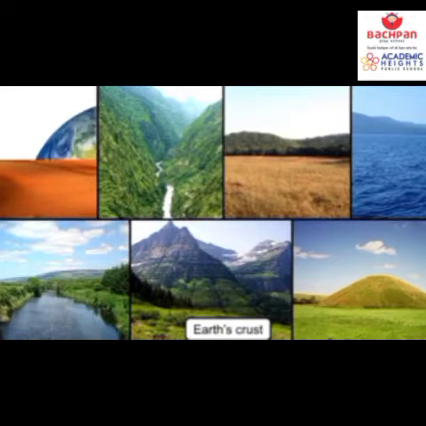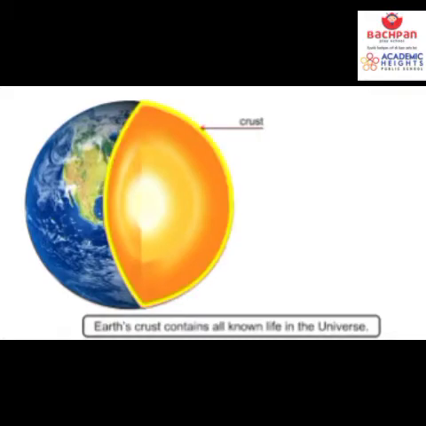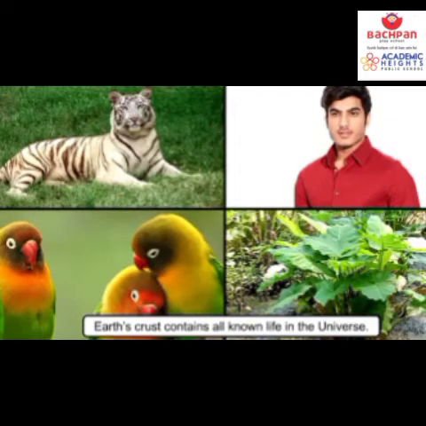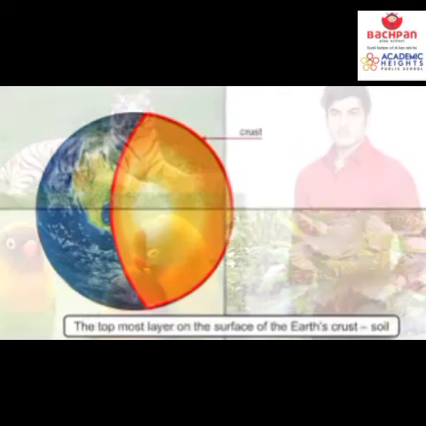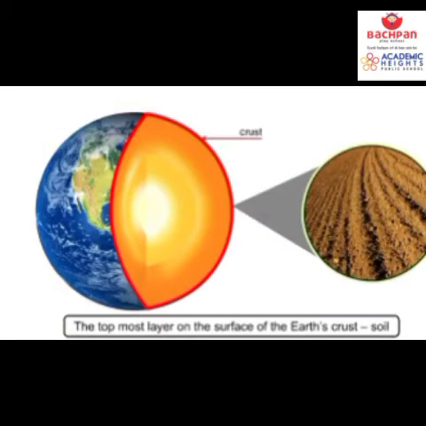This earth's crust is the top or outermost layer of our earth. It has very fertile soil. Earth's crust contains all life. The topmost layer on the surface of the earth's crust forms the soil.